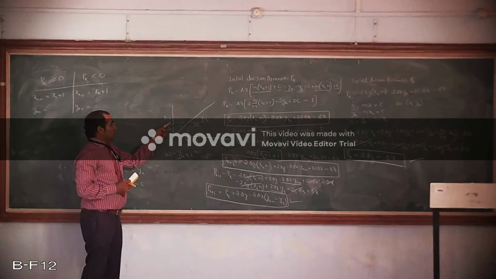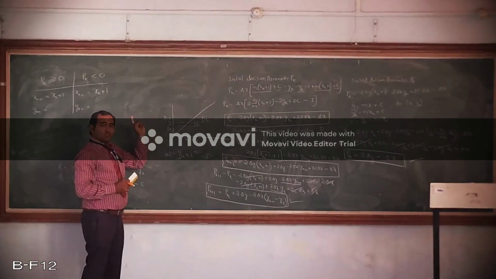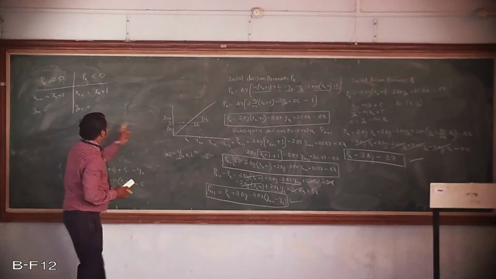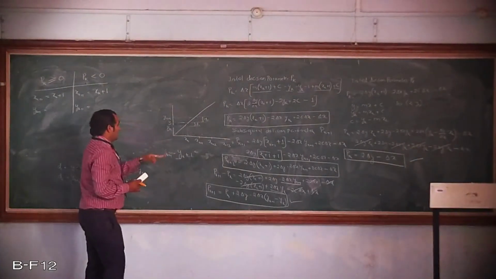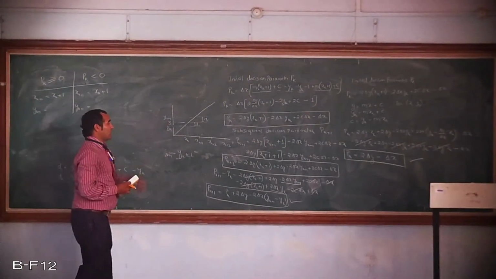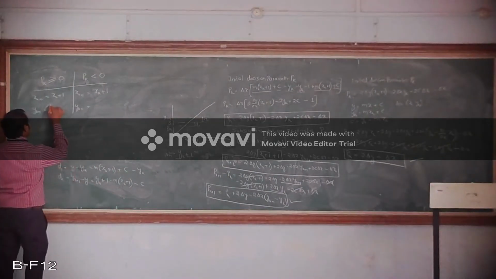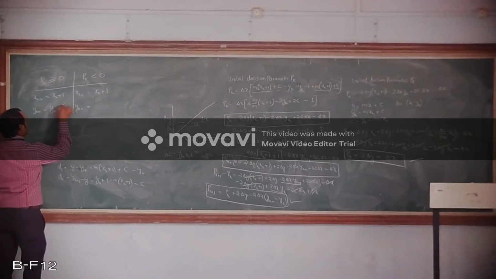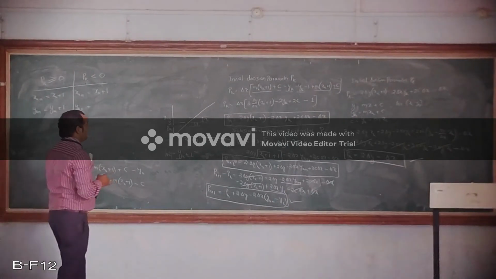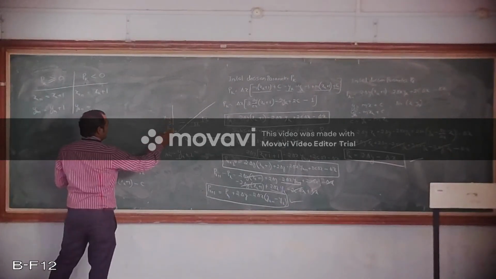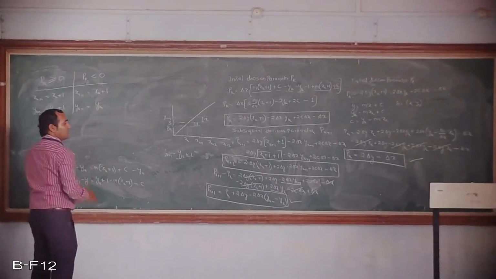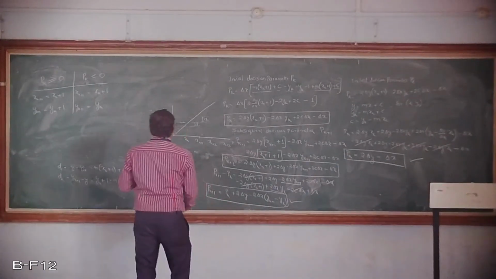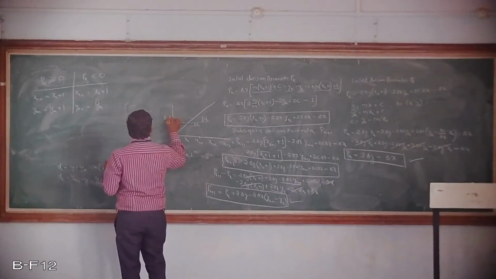Okay, so here the value of y can be yk, or it can be yk plus 1. We have to decide which one is that. So if it is positive, or if it is equal to 0, then it will take the value yk plus 1. If it is negative, then it will take the yk value.